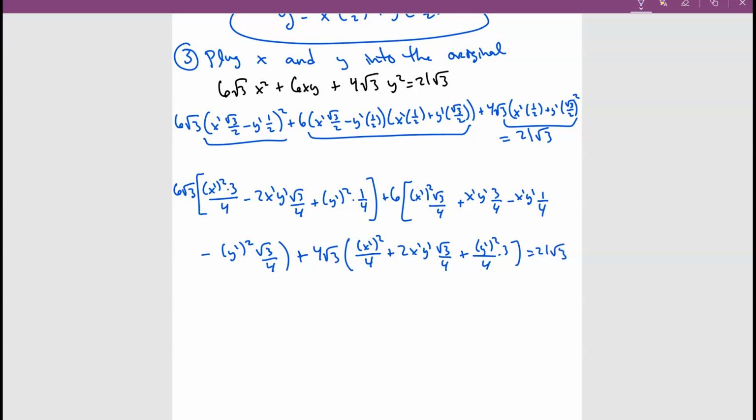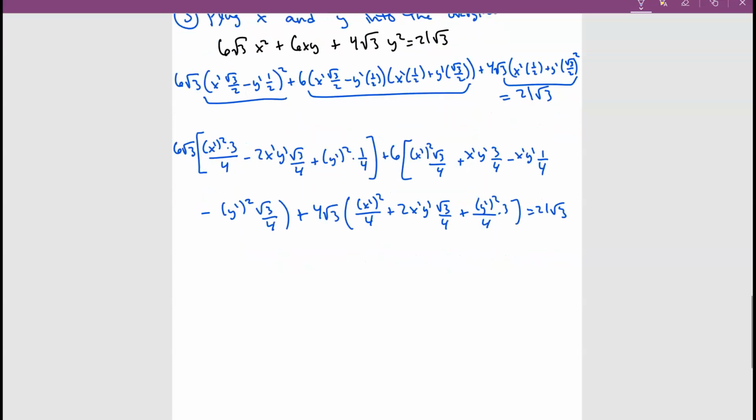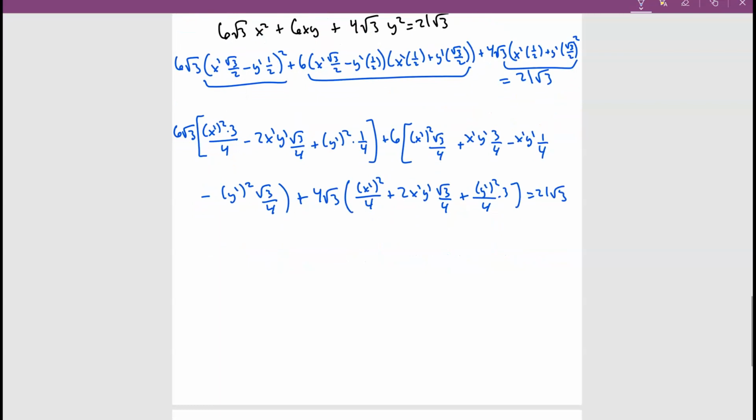Okay. Now what we got to do is distribute this coefficient inside and also to the other ones. So what are we going to get?